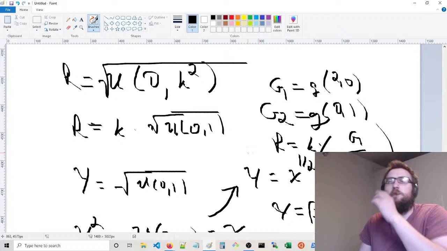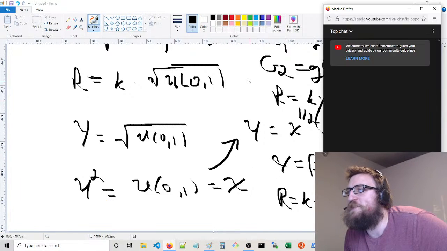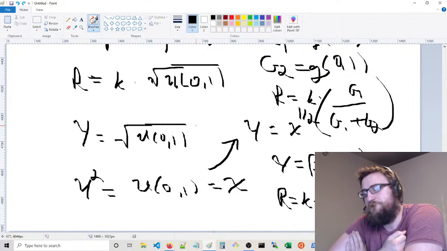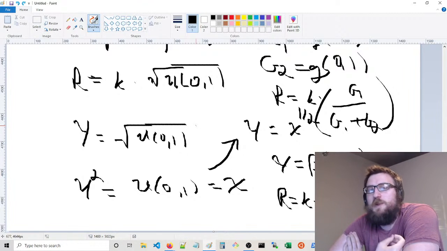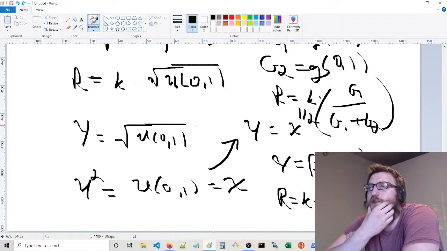Okay, it's got real complicated, but that's what I wanted to show, is that you can hopefully somewhat optimize this function by, instead of using a square root, using a beta distribution.